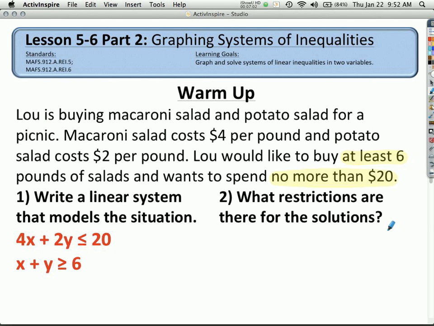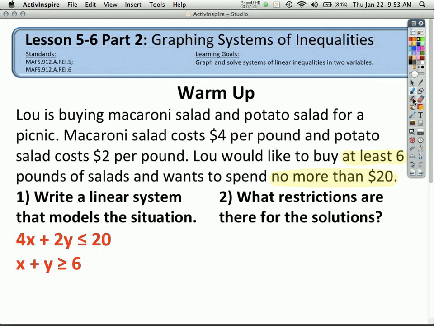Now, there was another one that we could actually debate. Did anyone have another restriction that maybe would apply and maybe wouldn't? Melinda? What were you going to say, Mark? Can I have half a salad? Okay, so fractions. Now, in this case, I intended there to be no fractions, so I agree with that.